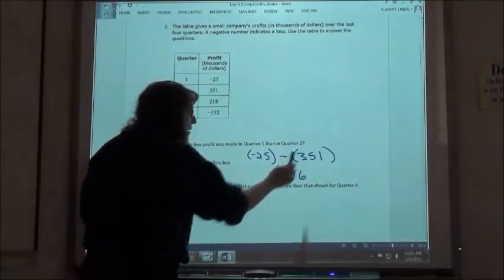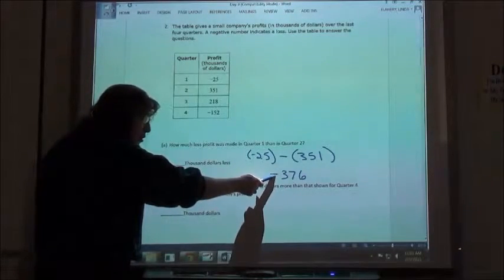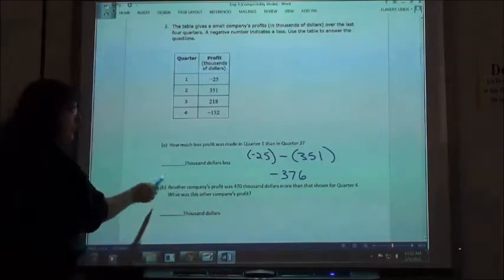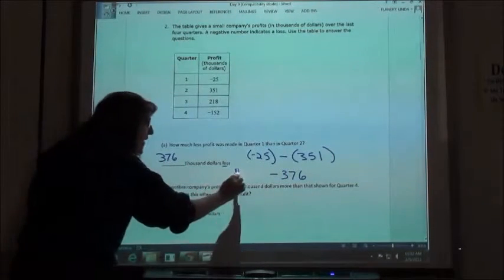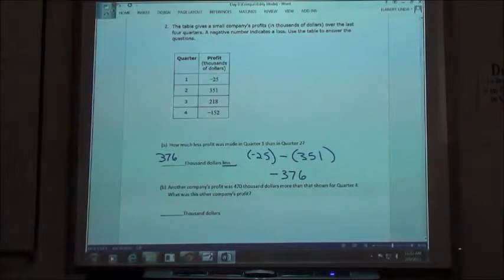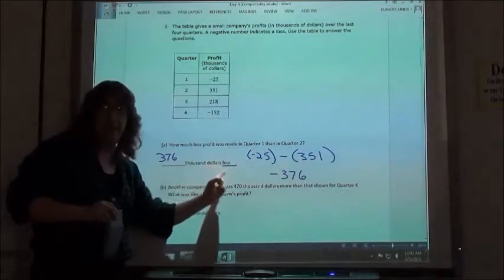I add and keep the sign. Now, the negative just means that it's less or lower. So when I put my answer in, I'm just saying it's $376,000 less. I don't say negative 376 less. So make sure on those ones. If it's negative, don't put the sign on there, because if it says less or fewer or something like that, it's indicated here in your answer.